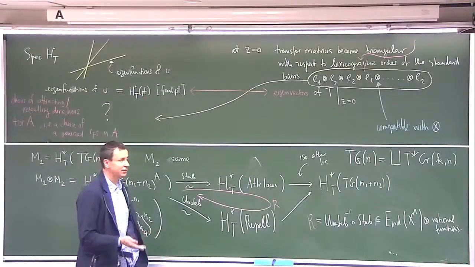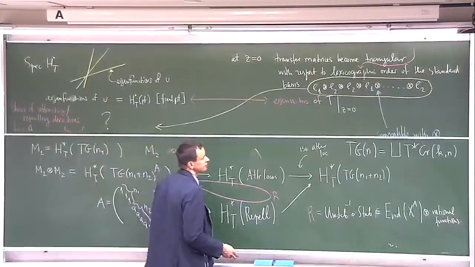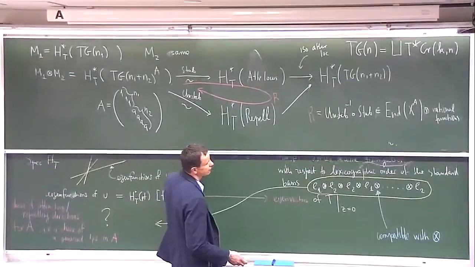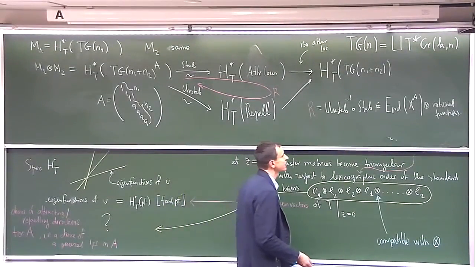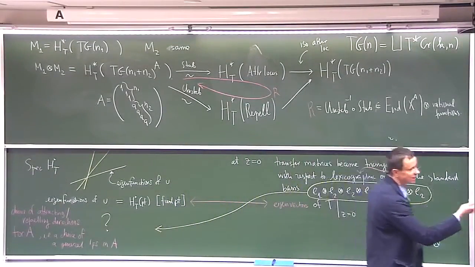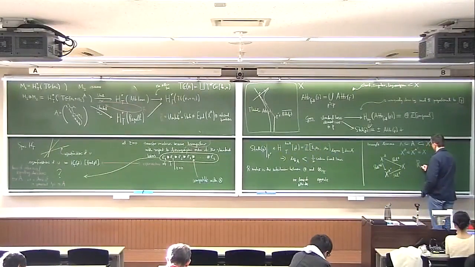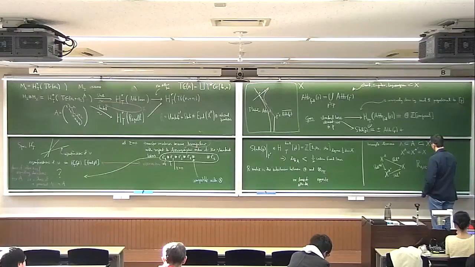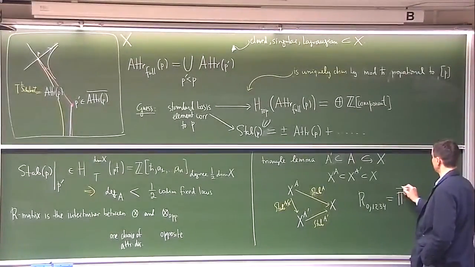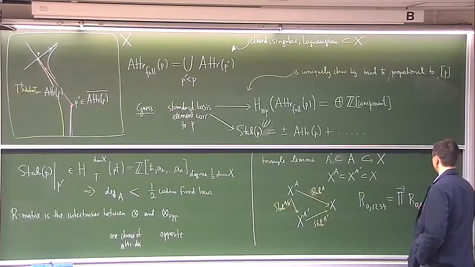So let's now do an example. So in particular, this triangle lemma really implies that if I want the R matrix of a space with a product, then this is the ordered product of R matrices of individual factors.